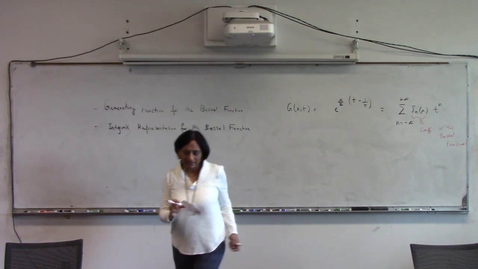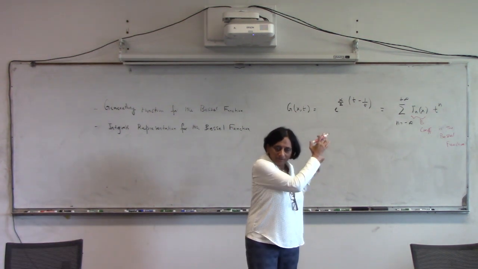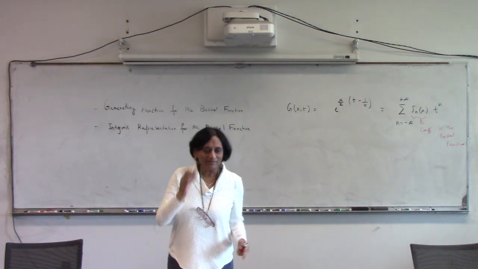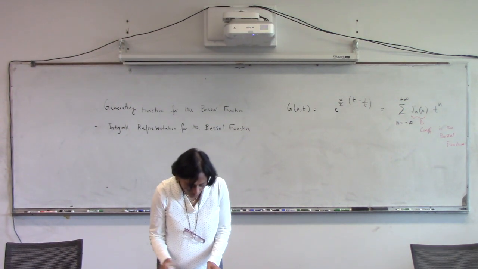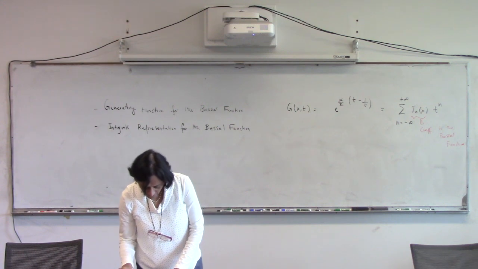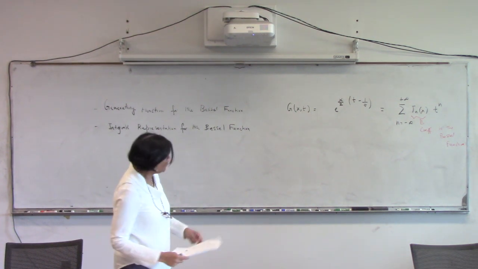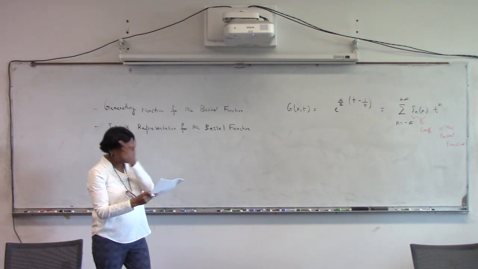But before that, I want to rationalize how anybody would have cooked up this function. In this case, it's a bit easier to understand why somebody could have come up with that expression. I'm just going to give you an argument for it.